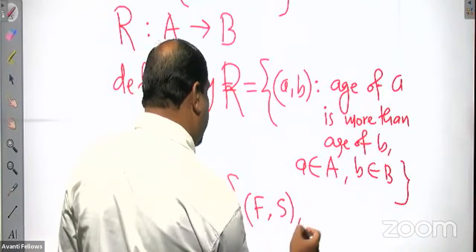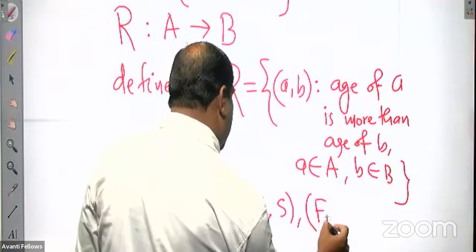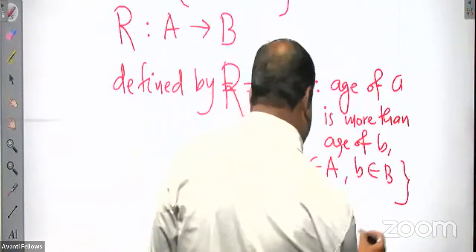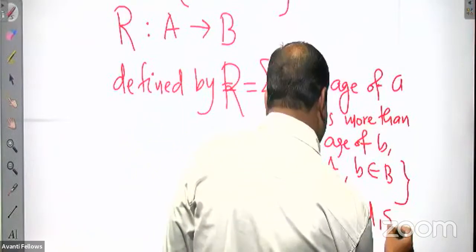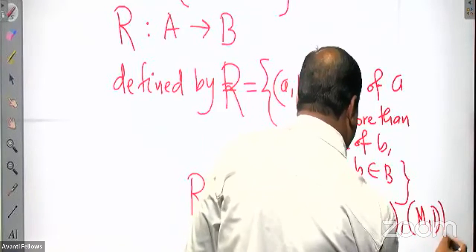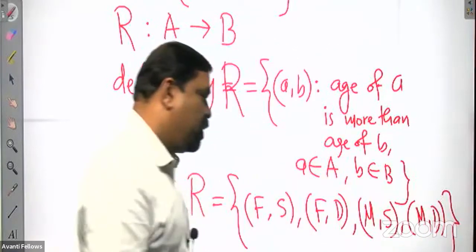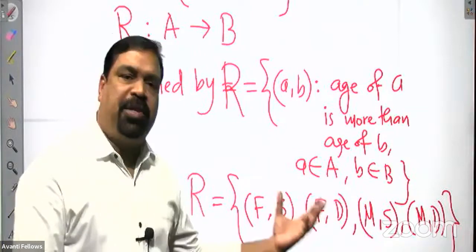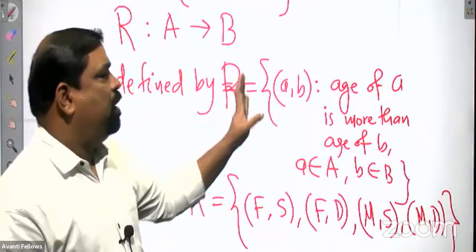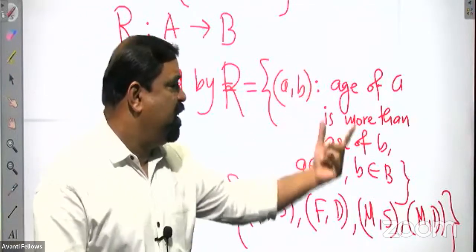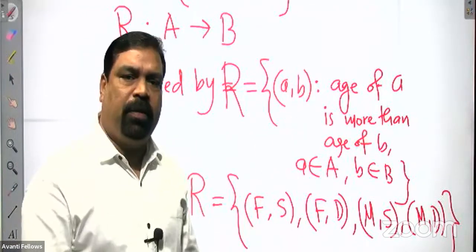So F S will be there and F D will be there. Then M S will be there. M D will be there. So these are the elements of my relation, the relation defined by all ordered pairs a, b such that age of a is more than age of b. This is one example.